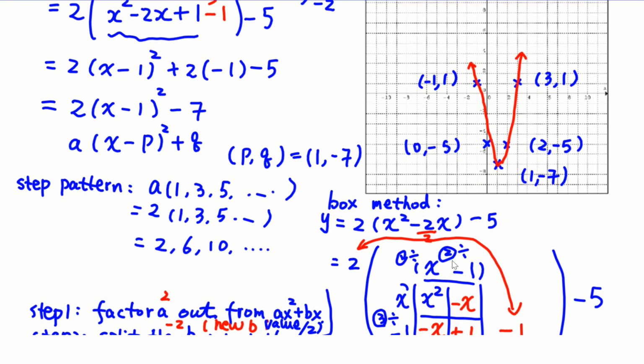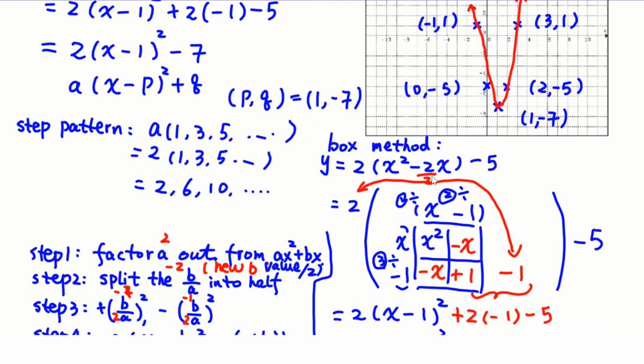Then the box is x minus 1 squared, 2 times minus 1 is outside, and minus 5. So split whatever the new b value is. Before it was 4, now it's splitting -2 into half. Okay. So that is completing the square.